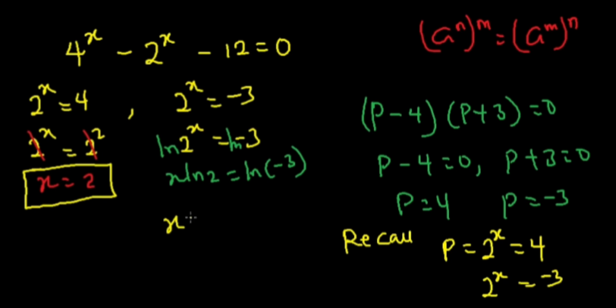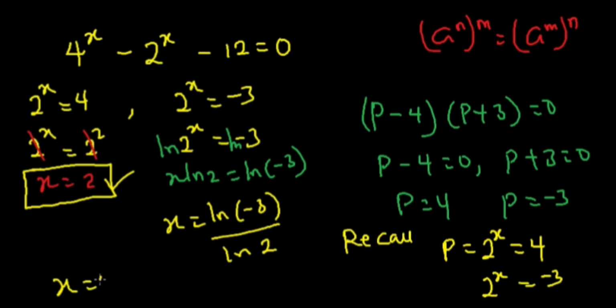So my x here will be ln of minus 3 over ln of 2, and this is not really a real solution, so we'll actually go with this. So our final answer for this is x equals 2. That will be all for this question.